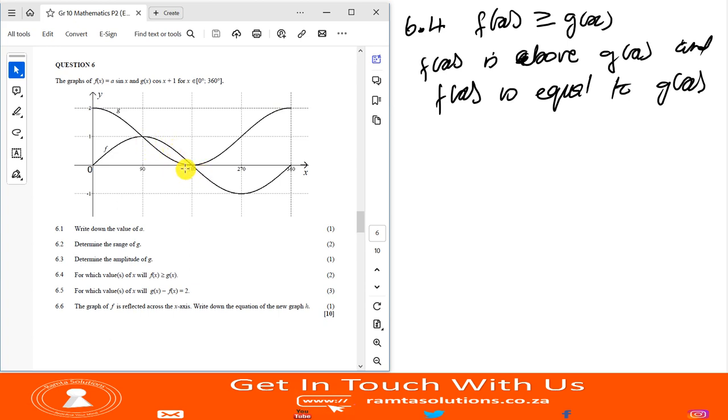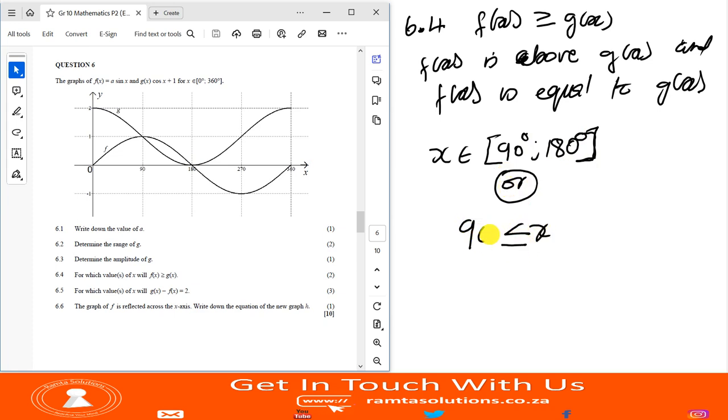If you like, you can say x is an element of, does it touch? Yes, it touches. So x is an element of 90 degrees, included, to 180 degrees. Does it touch 180 degrees? Yes, included, so square bracket. Or if you like, you can say x is greater or equal to 90 degrees, but less or equal to 180 degrees.